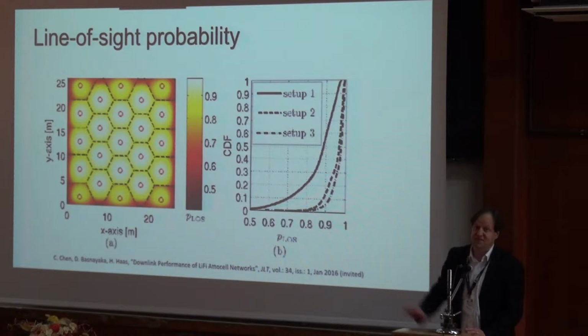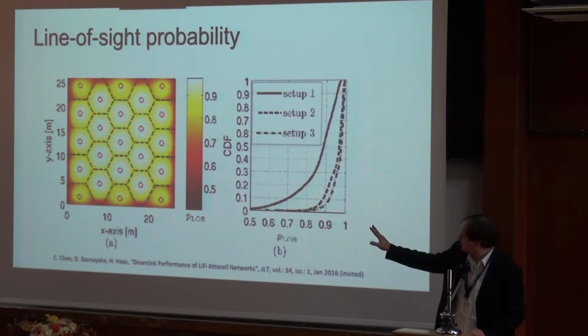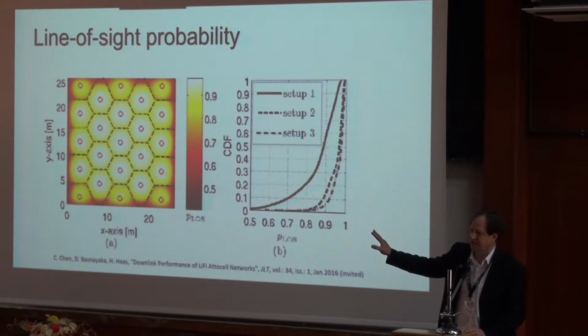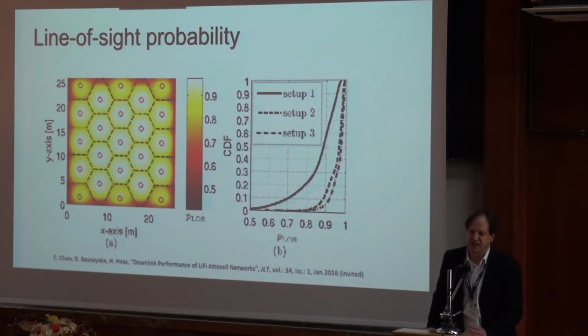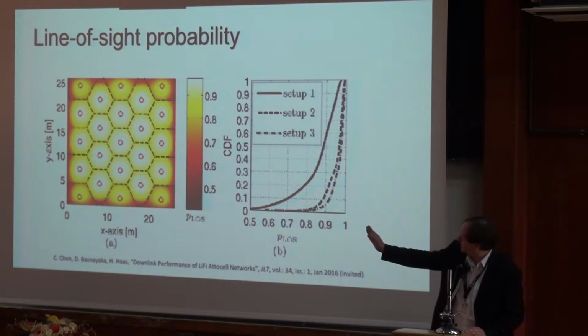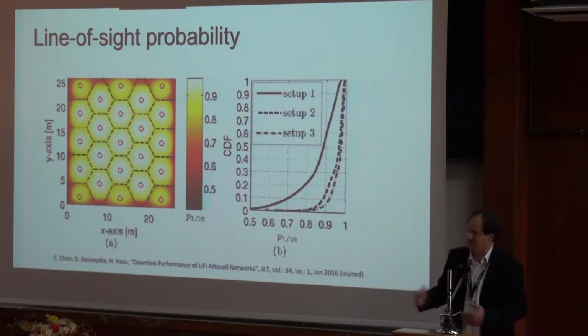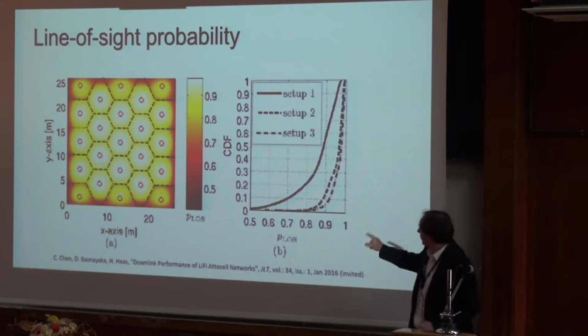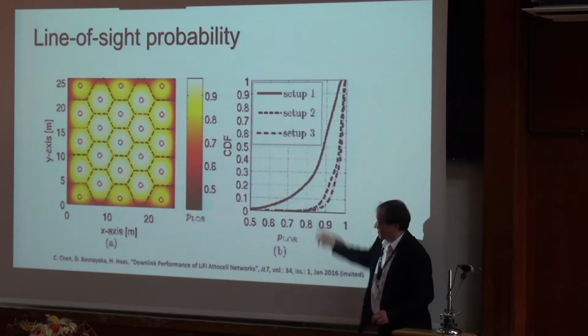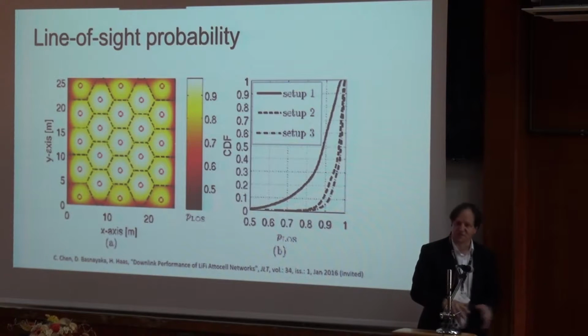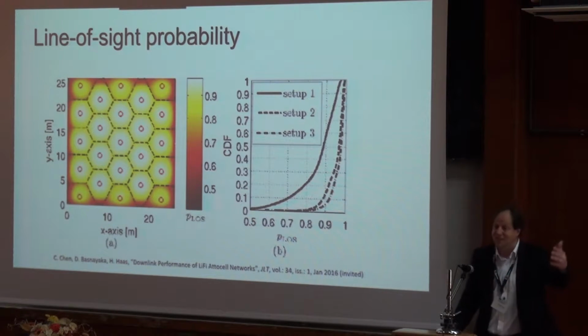On the left-hand side, you see the white color means high probability of line of sight, which is close to the lights. And at the room walls, you see a reduction of line of sight because you slightly come out of the cone of the LED light source. And it's important now, if we look at this graph here, that tells us what's the probability that the line of sight is above a certain probability.